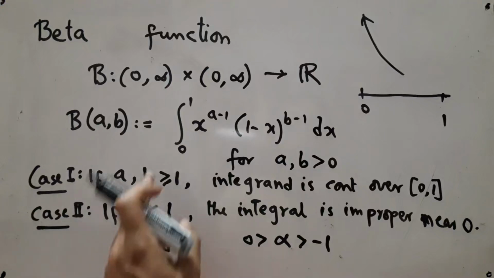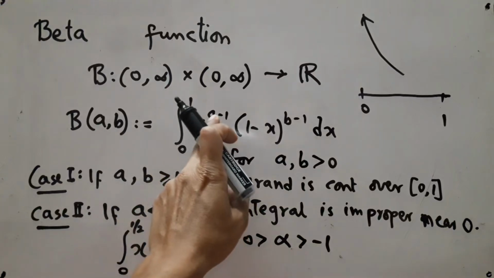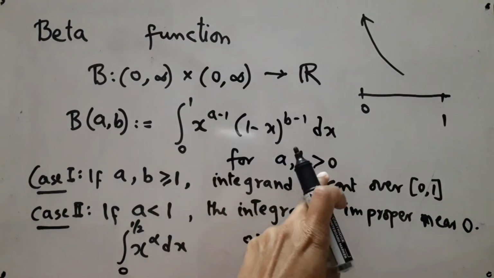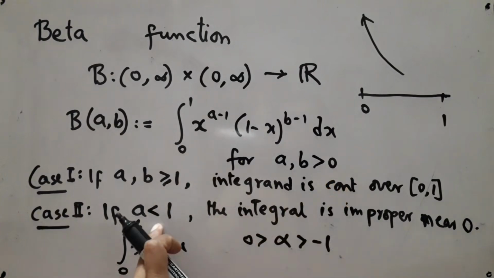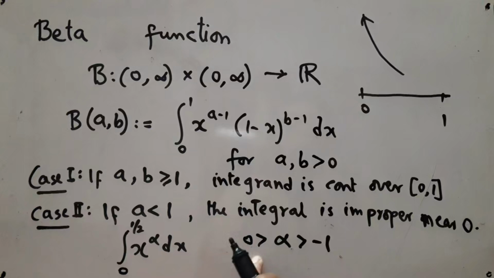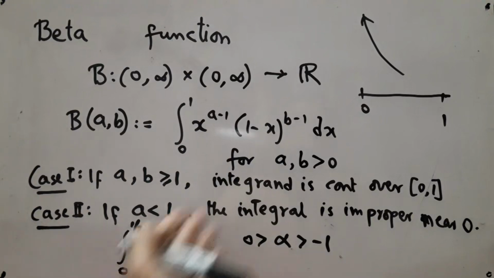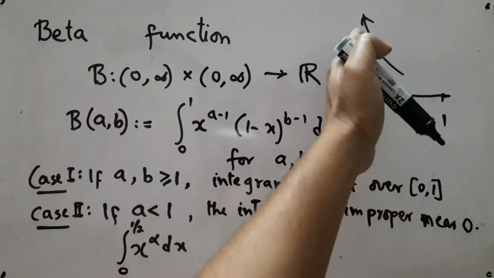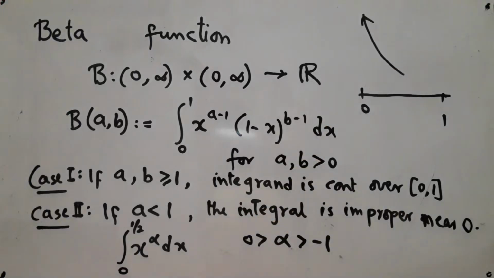Now, once I put a greater than 0 but less than 1, I am precisely in this situation. So the role of alpha will be played by a minus 1. So by comparison with this, we can see that this area under the curve will be finite.